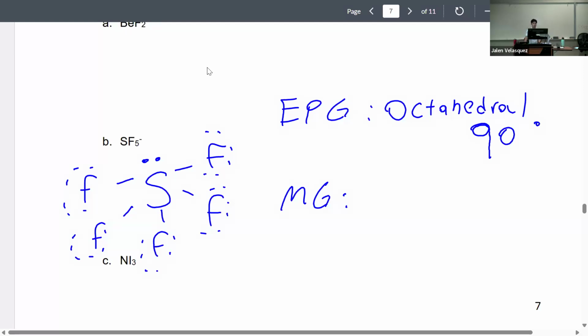Now, will the molecular geometry be the same as the electron geometry? No, because we have a lone pair on that central atom. So what is the molecular geometry for this molecule? Good, it's going to be square pyramidal.